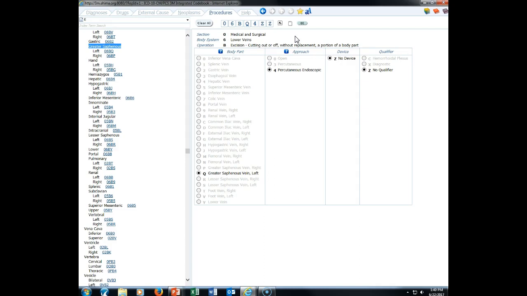So some examples of a dilatation procedure are a PTCA, percutaneous transluminal coronary angioplasty, and we'll talk about that more when we're in, I think it's chapter 16. Esophageal dilatation. Sometimes patients have esophageal strictures, and so they actually go in and they dilate the esophagus.